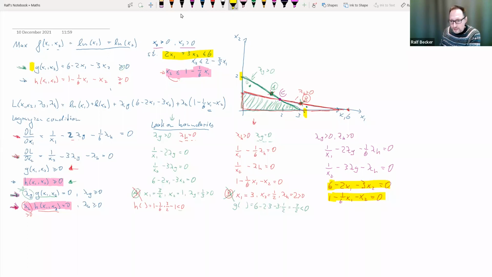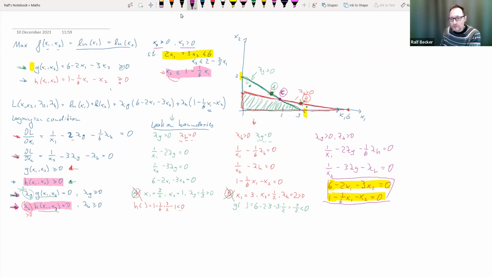They don't involve lambda g and lambda h. It's just x1 and x2. It's 2 equations, 2 unknowns. You can solve that, and basically from these 2 equations you get coordinates for x1 and x2, which are the coordinates for point C.